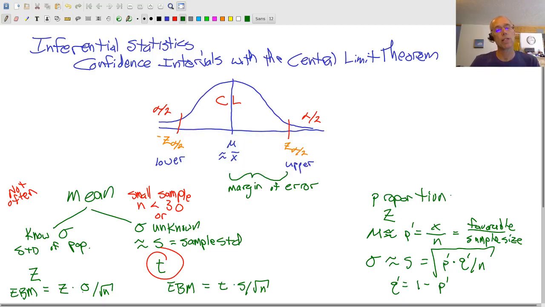Central limit theorem is a little more complicated there. It says that it's approximately the standard deviation of the population divided by the square root of the sample size. Now I don't know that, so I'm going to say that the central limit theorem tells me that the sampling distribution has a spread that's about the sample standard deviation divided by the square root of the sample size.